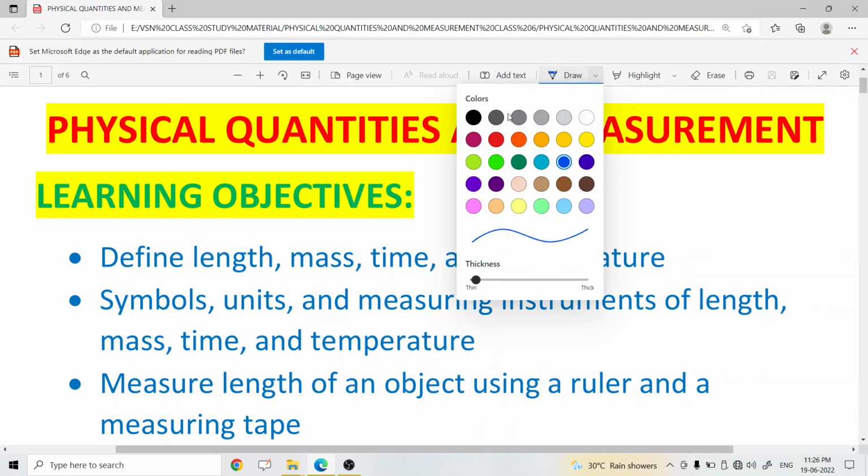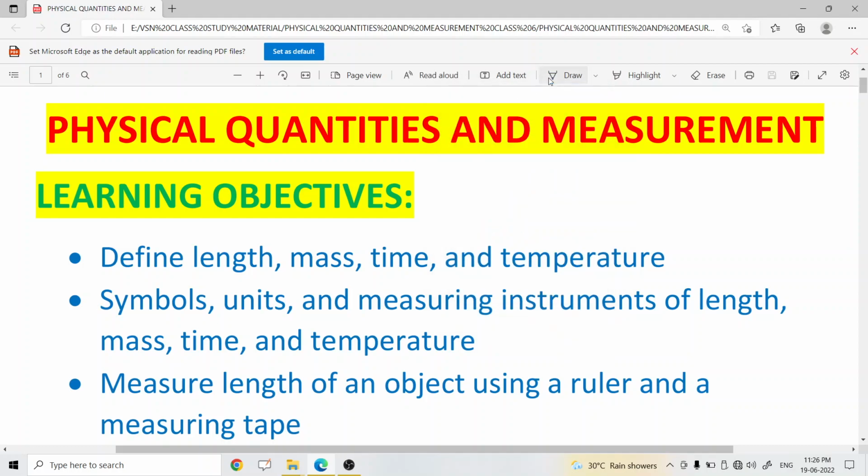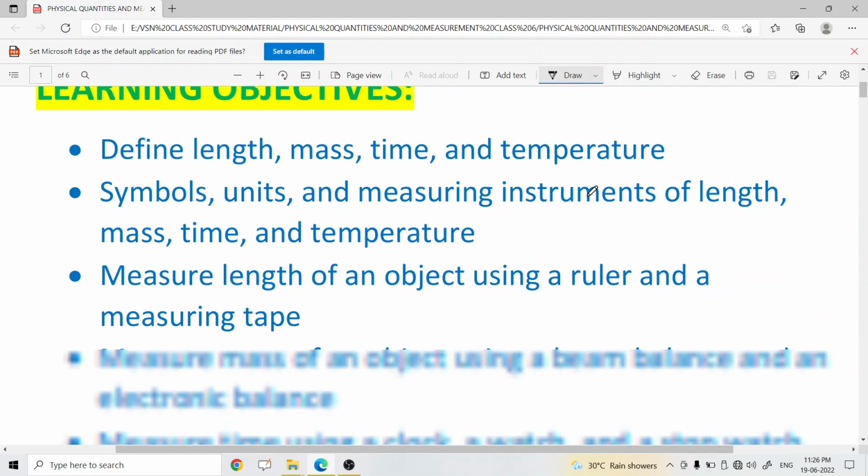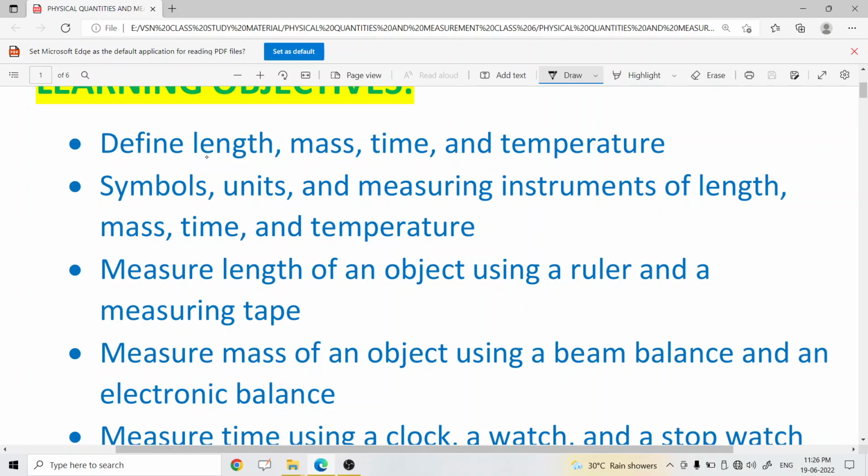Here, at first, we have to know from this chapter what the learning objectives are. First one is the definition of length, mass, time and temperature, the quantities that are really meaningful for our everyday life.